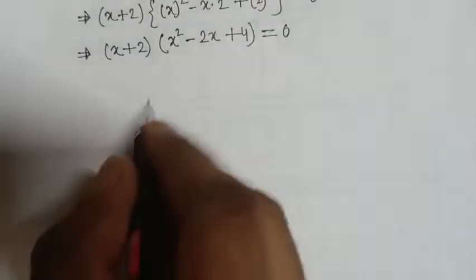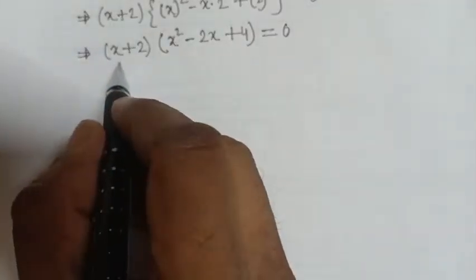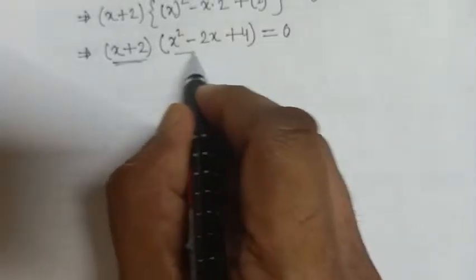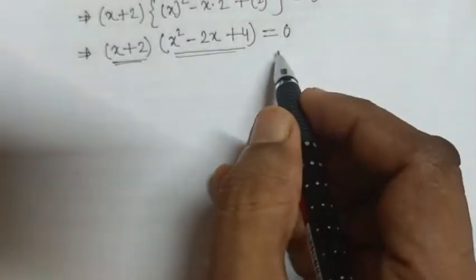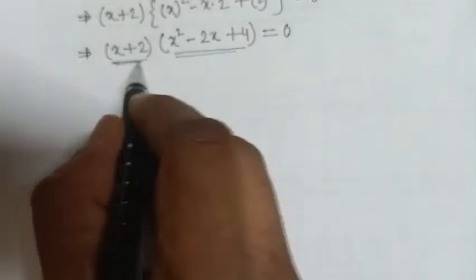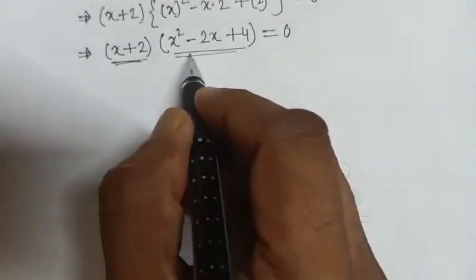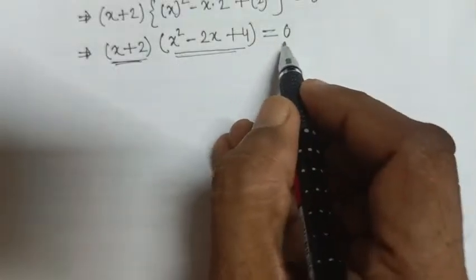So again we are getting the product of two expressions, x plus 2 and x square minus 2x plus 4, equal to 0. So either x plus 2 will be 0 or x square minus 2x plus 4 equals to 0.